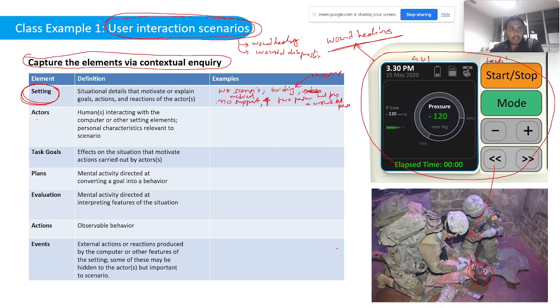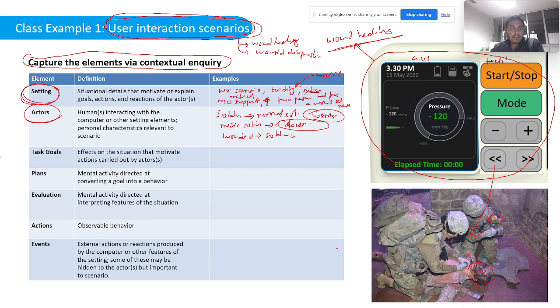Then you try to define what the actors are. The actors here are soldiers. One is a medic soldier, one a normal soldier, and one is the wounded soldier. If I look at the personal characteristics, one is a warrior soldier, one is like a doctor.